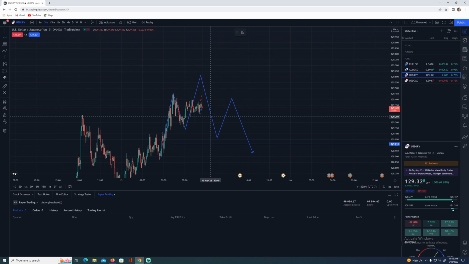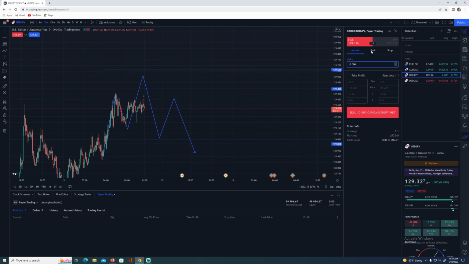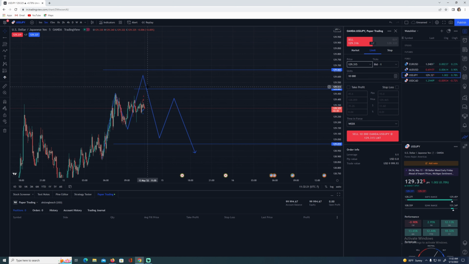So let's say I want to place my order right here, and I want to place my stop loss basically up here, right? So I know my stop loss is going to be 17 pips. Okay, so my order is going to be sell, and it's going to be a limit order, right? I want to place it above because price is not there yet. So I want to place it above price because price is just going to get there, and then reverse, right? So I want my limit order to be at 129.493.